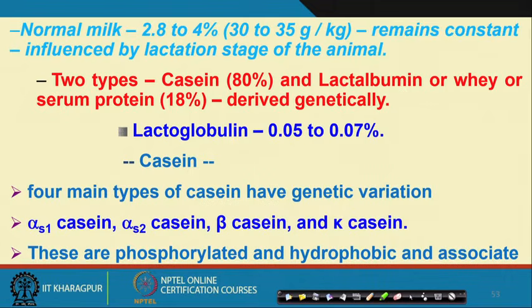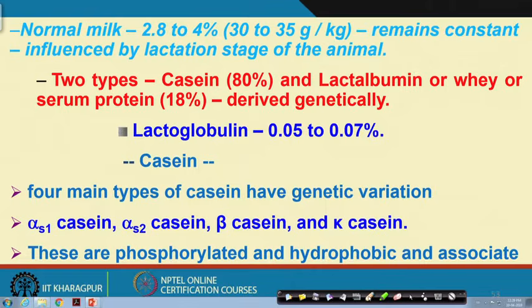Now, this casein, there are 4 types of casein, having variation. They are alpha S1 casein, alpha S2 casein, beta casein and kappa casein. So, I repeat, 4 types of caseins: alpha S1 casein, alpha S2 casein, beta casein and kappa casein.